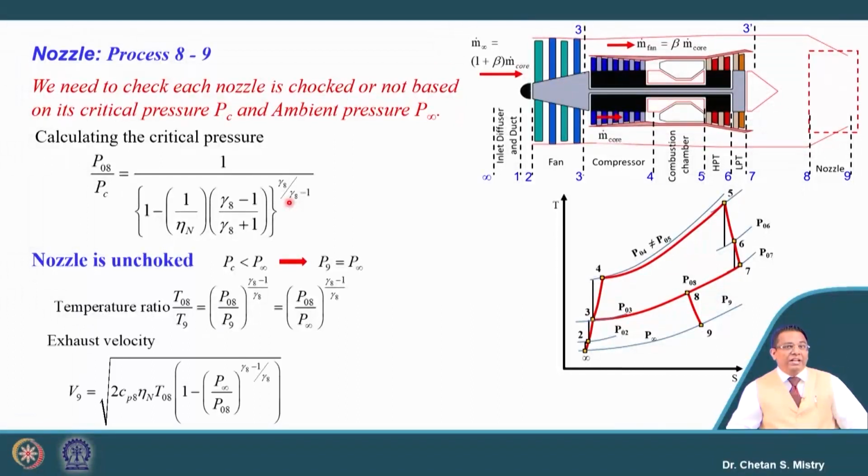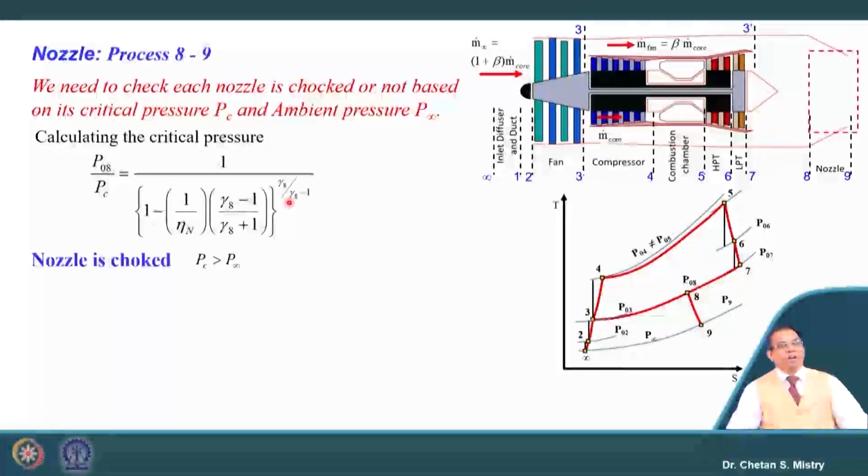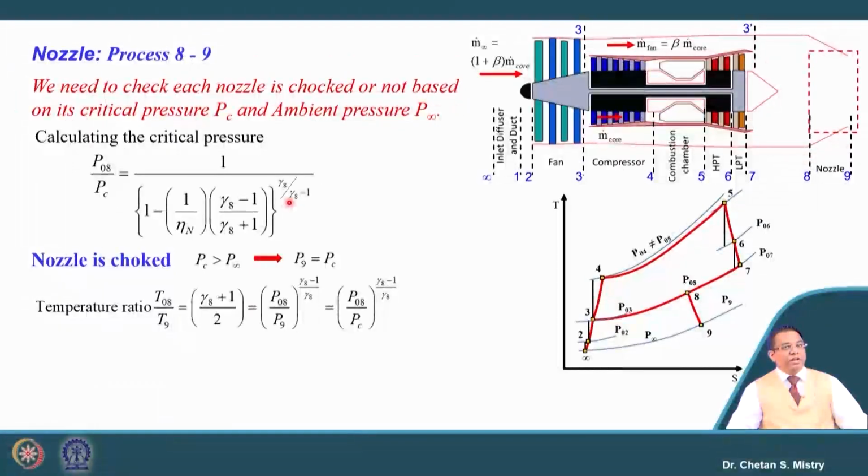Similarly, when the nozzle is in the choked condition, my critical pressure will be higher, so my exit pressure will be the critical pressure.